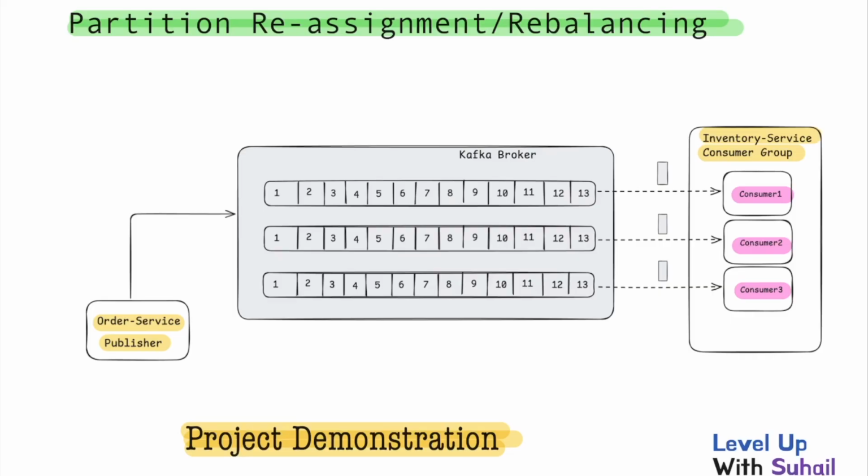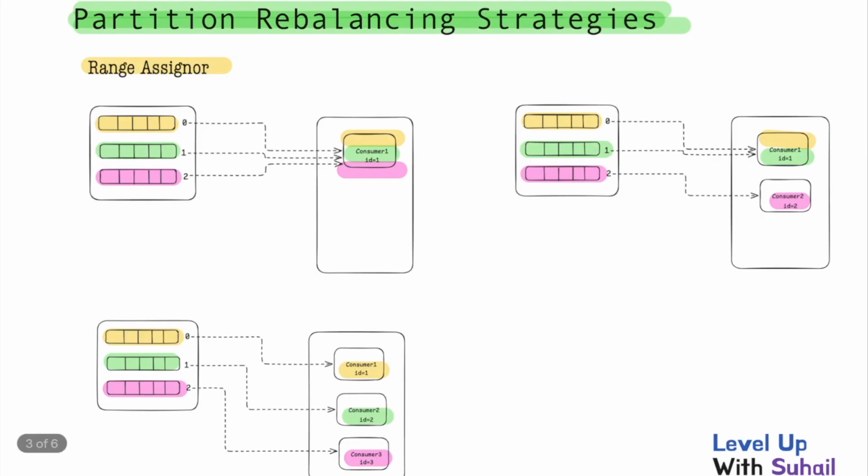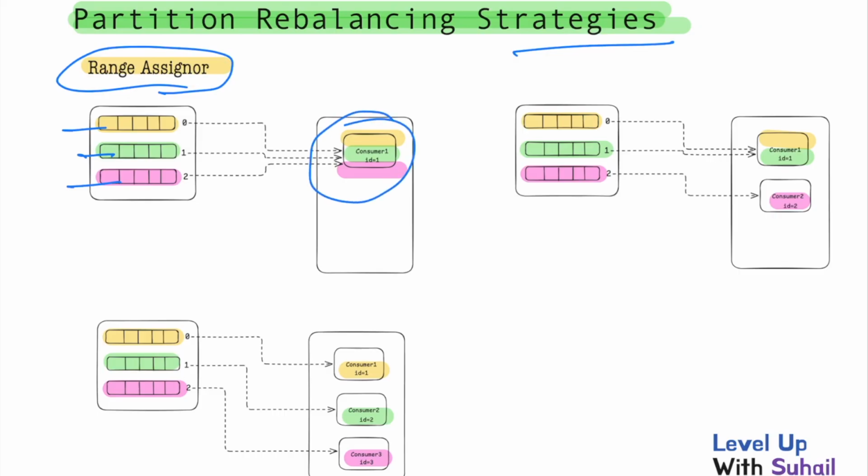Now let's proceed further. This part we already discussed: the partition rebalancing strategies. By default, this is the partition strategy. As we already saw in the demo, partition 0 is the yellow color, 1 is the green color, and partition 2 is the pink color. Initially all three partitions were assigned to this single consumer.